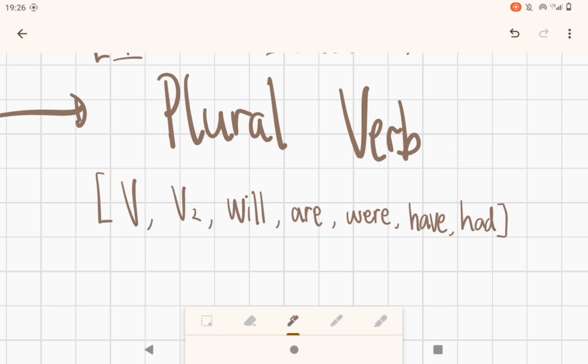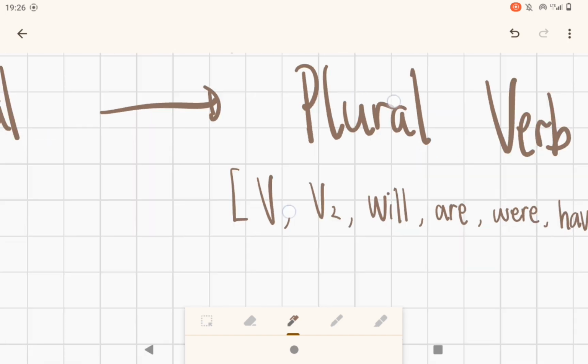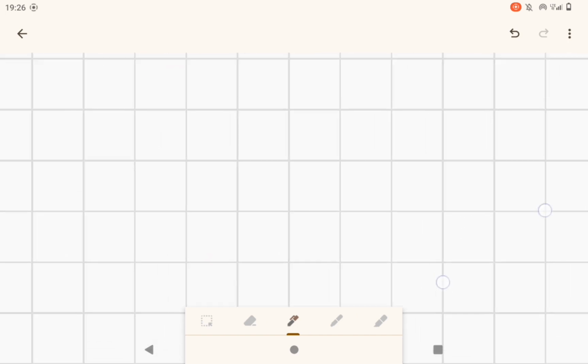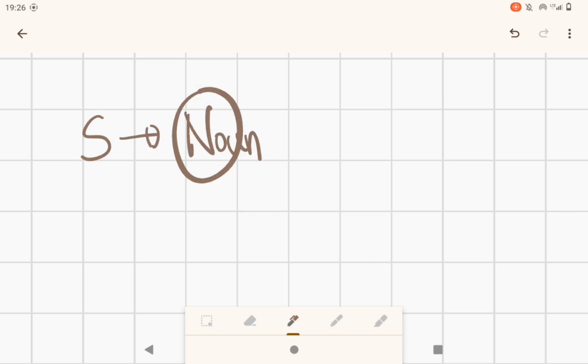So when you analyze a sentence, you have to know whether the subject is singular or plural. And now let's talk about what is a singular subject and a plural subject. When we talk about a subject, it's a noun, right? Okay, it's a noun. So a noun could be in a singular form or in a plural form.